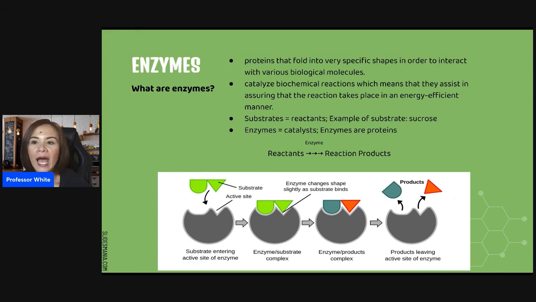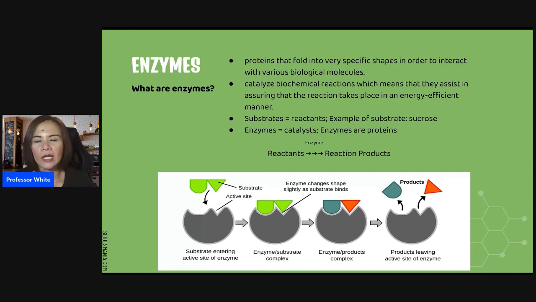Enzymes catalyze biochemical reactions, which means that they assist in ensuring that the reaction will happen and take place in an energy efficient way. So basically, they are helpers. Catalysts are helpers, but there are parts in your chemical reaction that are involved in it.